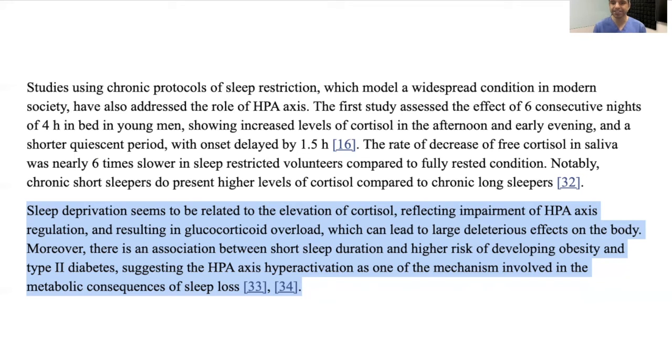And so this leads to deleterious effects in the body. They also said that there is an association between short sleep duration and higher risk of developing obesity and type 2 diabetes, suggesting that hyperactivation of the hypothalamic pituitary axis, or the HPA axis, is one of the mechanisms involved in the metabolic consequences of sleep loss.